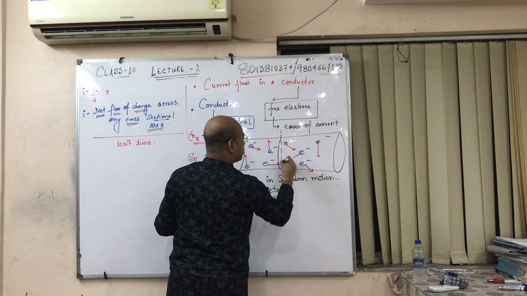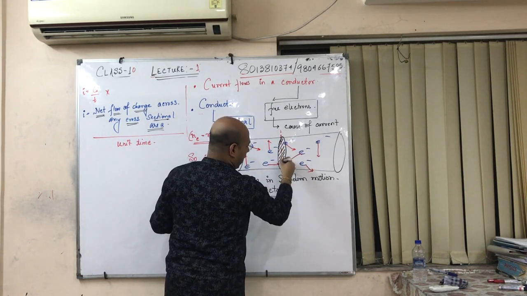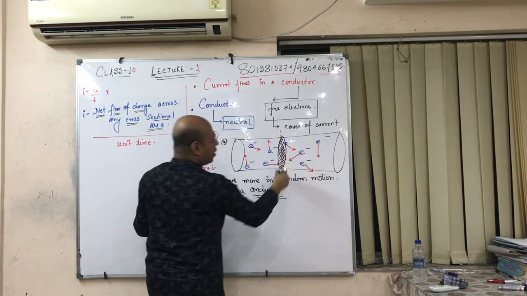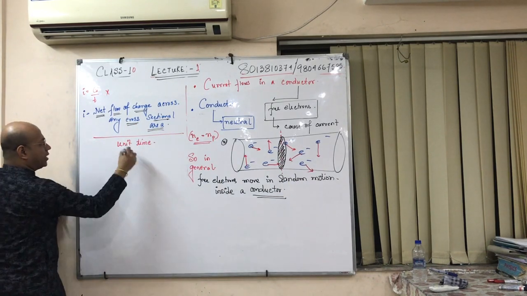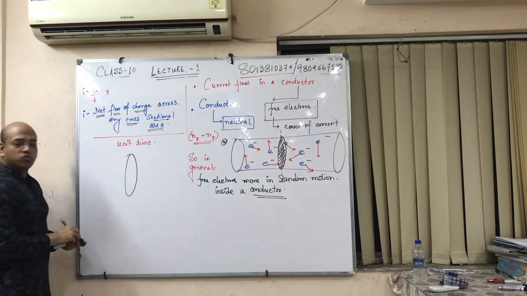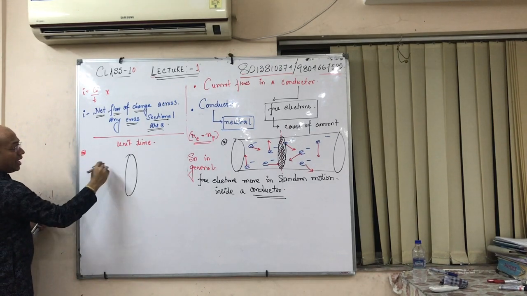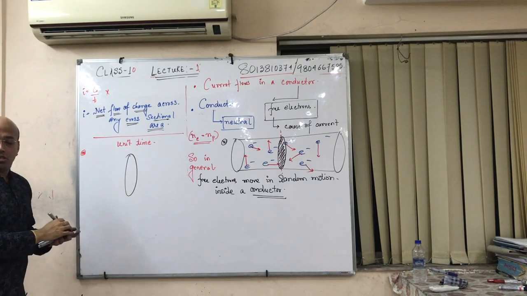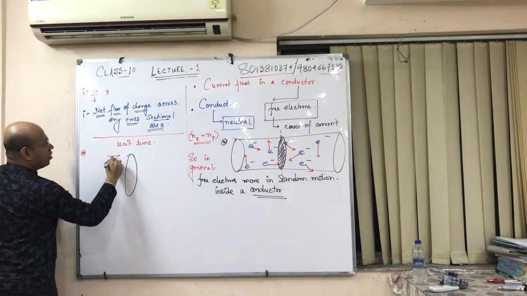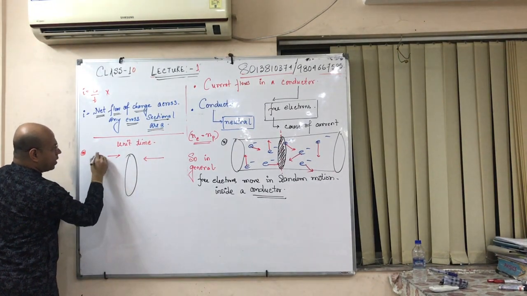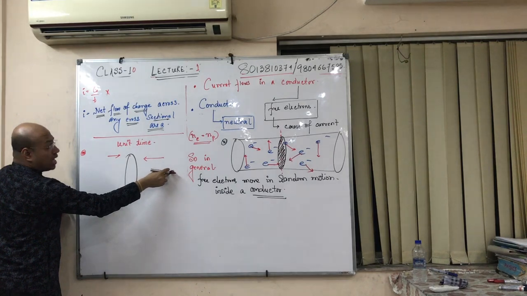You get some sort of circular portion. So I draw the circular portion in this way.